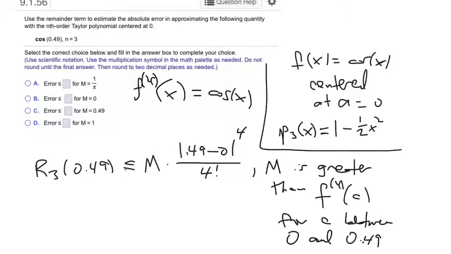And we know the graph of the cosine function looks like this. Cosine comes down like this. This is pi over 2, which is a little more than 1.5. So cosine is as large as 1 at 0, and then comes down, so it's about 0.49 right in there. You can see the cosine function is actually getting smaller throughout that span.